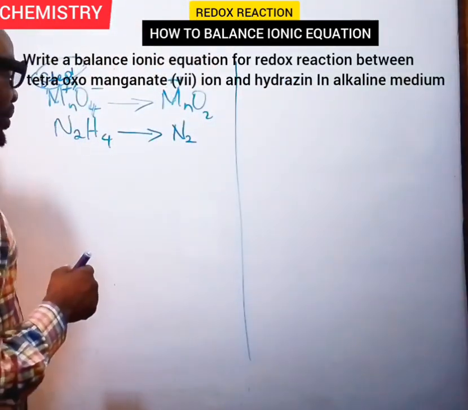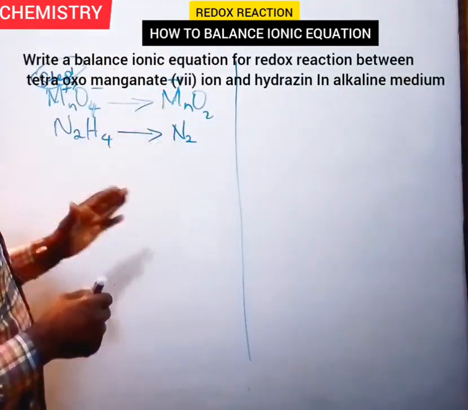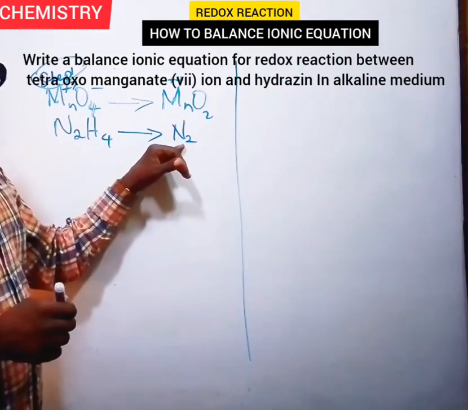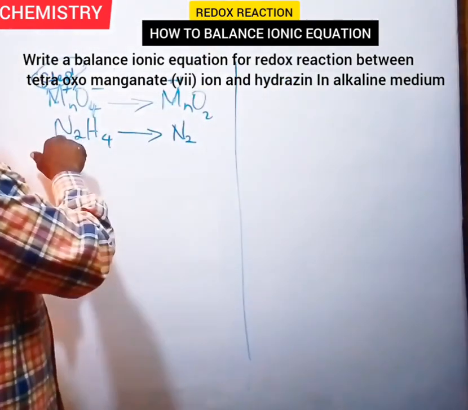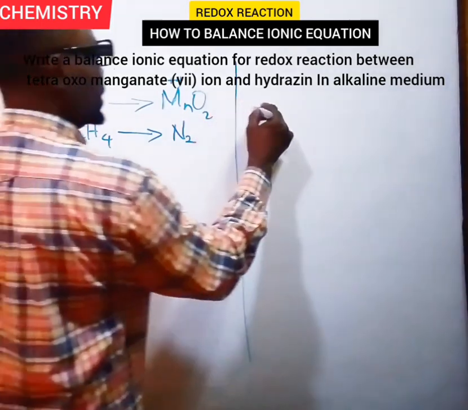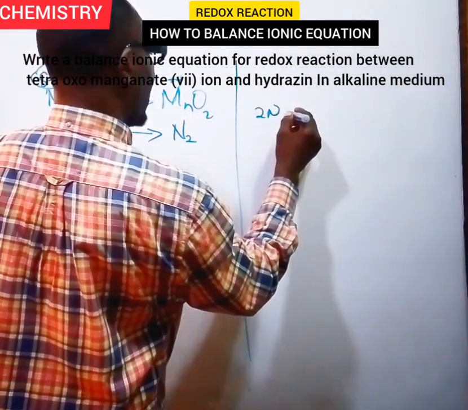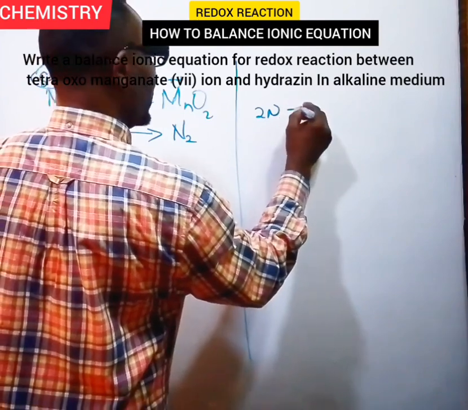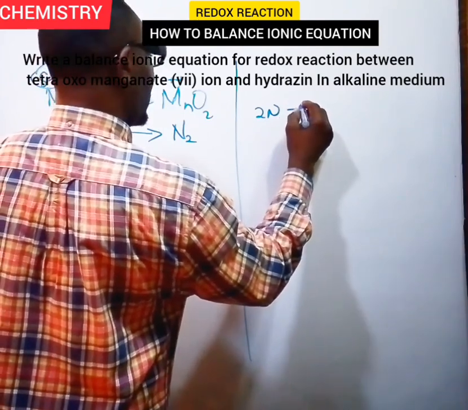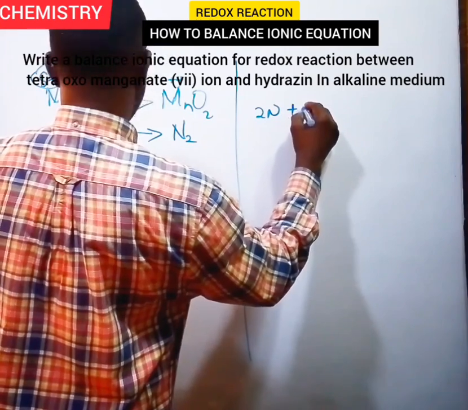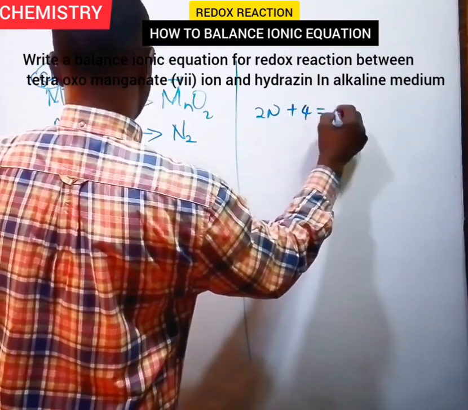Now, after you've been able to get that, you need to calculate that of the nitrogen here as well. What is the oxidation number of nitrogen here? That is 2N plus hydrogen, +1 times 4, which is 4, equal to 0.